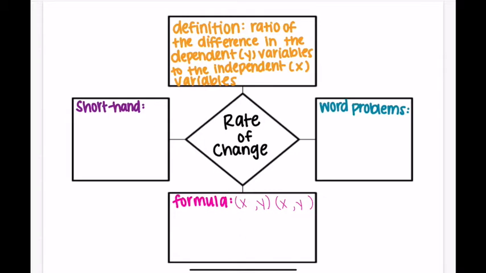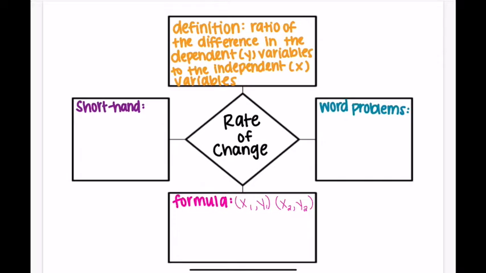So just for general purposes, we will label them x1, y1, and x2, y2. So we have the first point of x and y values, and then we have the second point of x and y values.